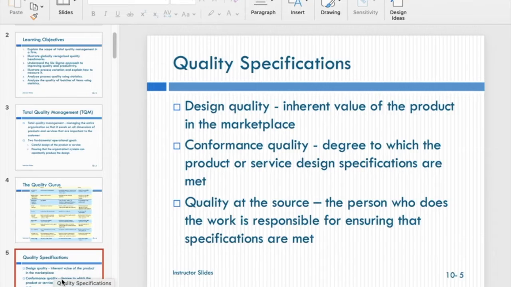First, they have to understand what your plan is. Secondly, you have to monitor them and let them work hard to make sure that the product you plan to produce is actually being produced in the actual situation. So this is quality at the source.